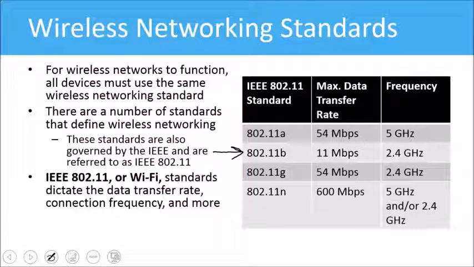It was the first to market, rather. Shortly after followed A. And what I want you guys to notice is that these two are the key to really understanding this whole table. B came first, so its data rate was, what I say, slow, and its frequency was low. Okay. A came along, and it was fast, and its frequency was high.